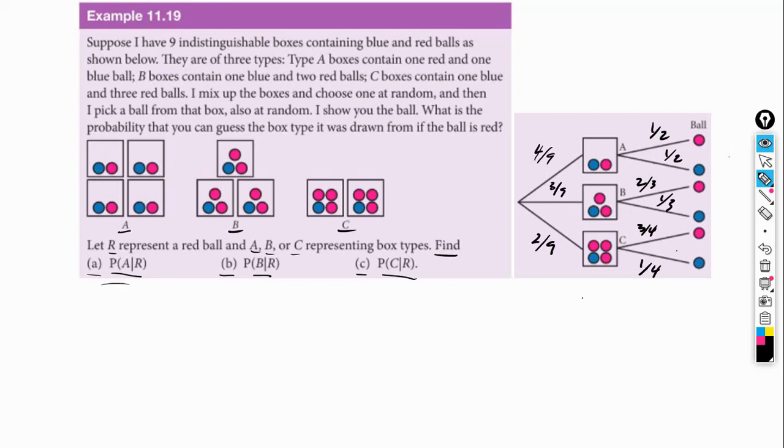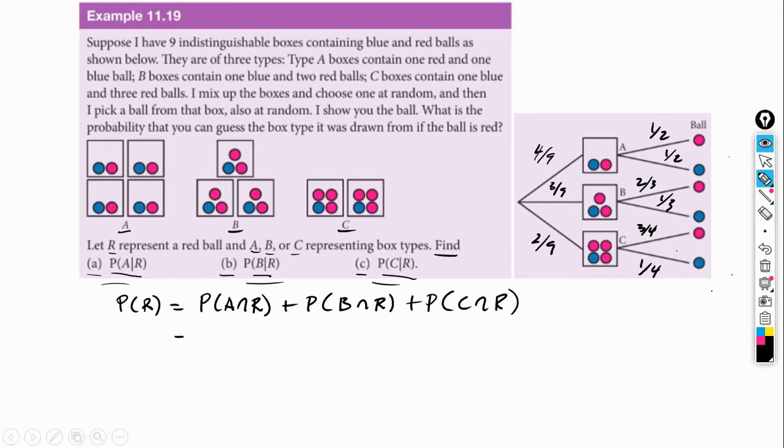So notice that in all these questions, it's going to be the probability of A, B, or C given R. So we need the probability of picking a red ball. Now, the probability of picking a red ball is going to be the probability of picking box A intersection red ball, plus the probability of box B intersection R, plus the probability that we pick from box C and a red ball.